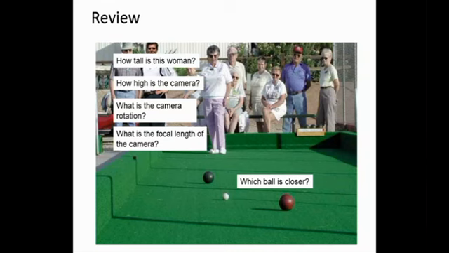Once we've got 3 vanishing points, then we can solve for the rotation of the camera, and we can solve for the focal length of the camera. And also from 2 of those vanishing points, which are parallel to the ground, we get the horizon. This is a game where you have standardized sizes for the balls. The standard size of a bocce ball, which I looked up, is 107 millimeters.